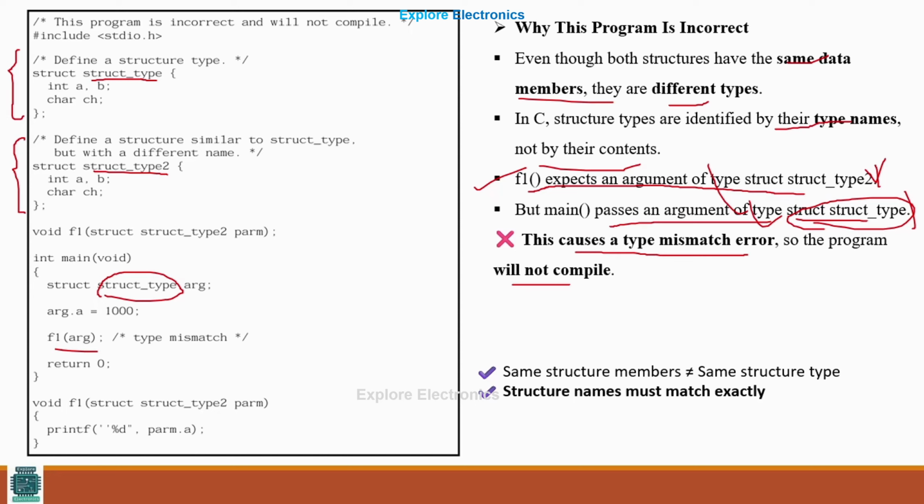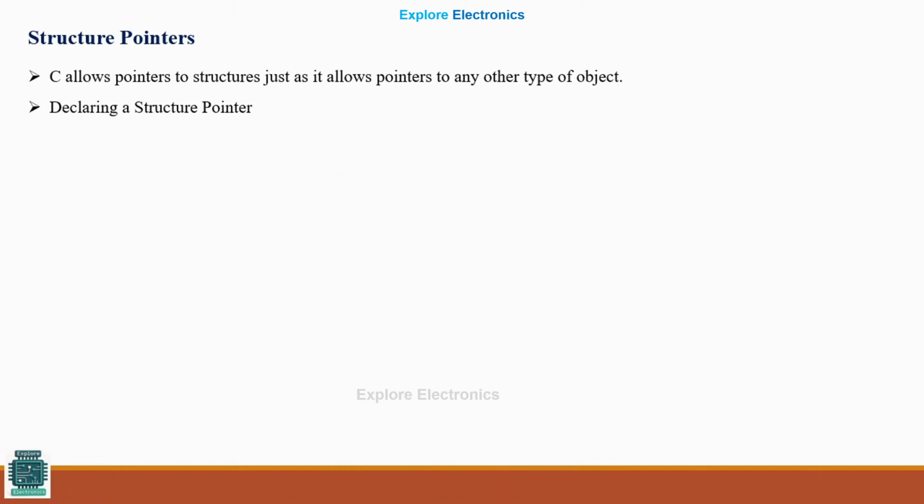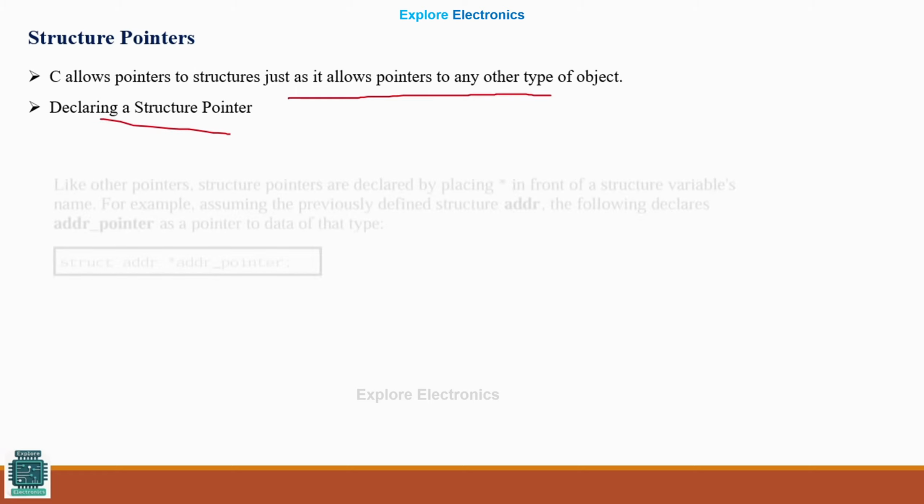So we can summarize this program: the same structure members do not mean the same structure type, and structure names must match exactly. Now the next concept is structure pointers. C allows pointers to structures just as it allows pointers to any other type of object. How do we declare a structure pointer?